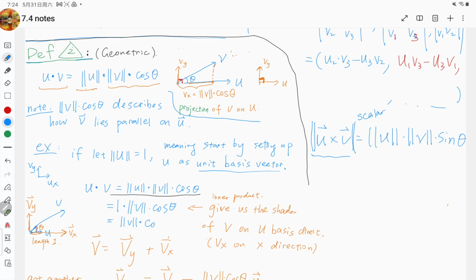It gives us information about the projection of the second vector, or whatever vector you're interested in. You just do the inner product, the dot product, and then you get information about its projection onto the vector direction that you want to start with.